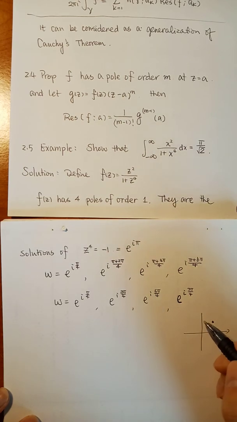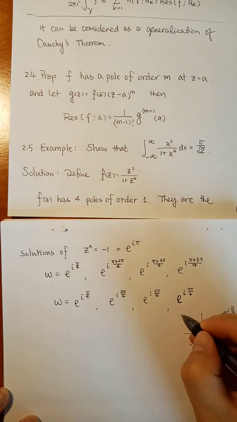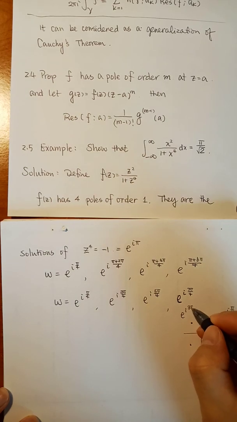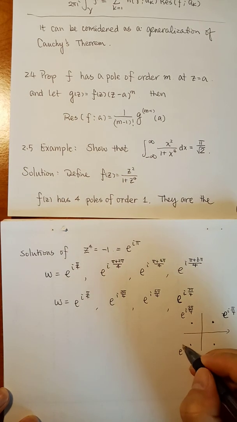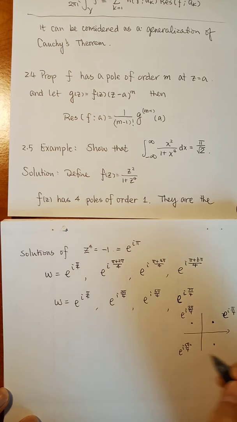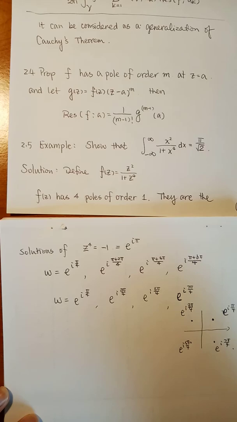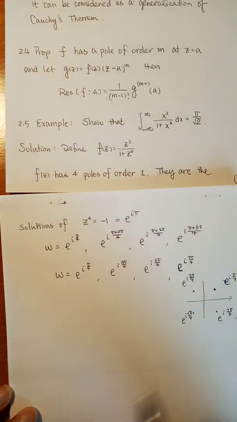Pi over 4 is here, 3 pi over 4 is here, 5 pi over 4 is here, and 7 pi over 4 is here. Okay, they are on the diagonals.